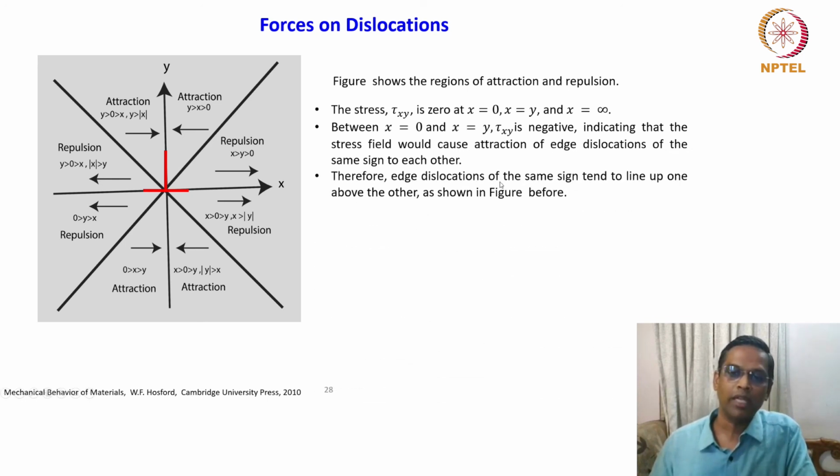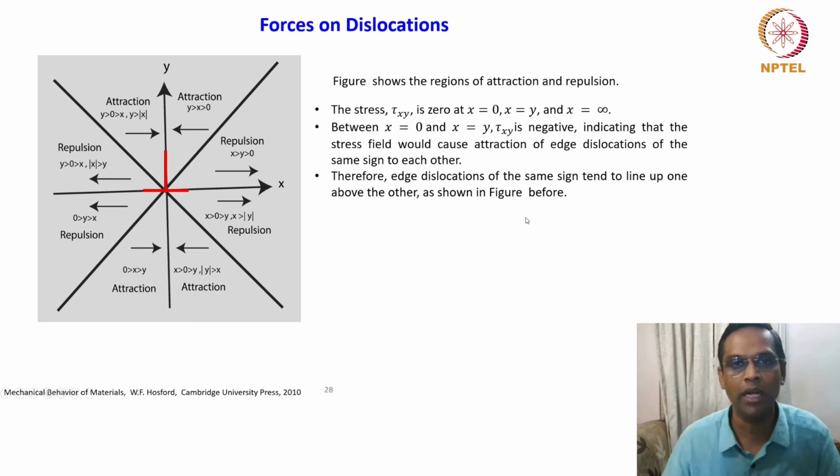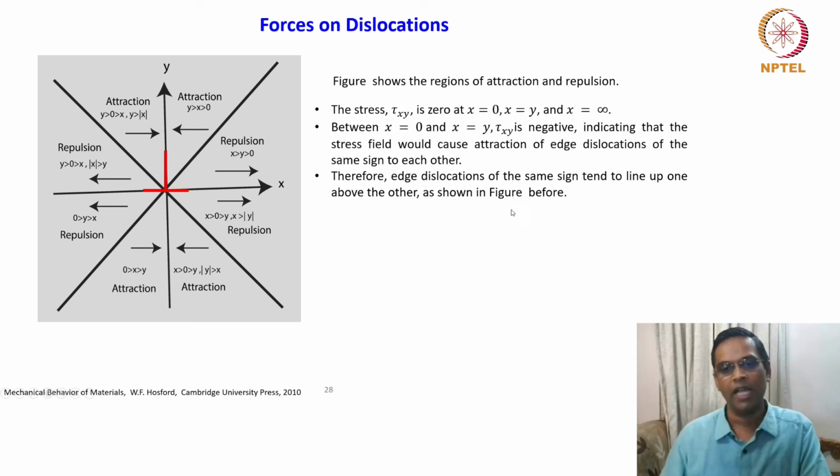Therefore, edge dislocations of the same sign tend to line up one above the other, as shown in the figure before. That is where I showed the low angle grain boundary and how it forms, and that is also because of this attraction.